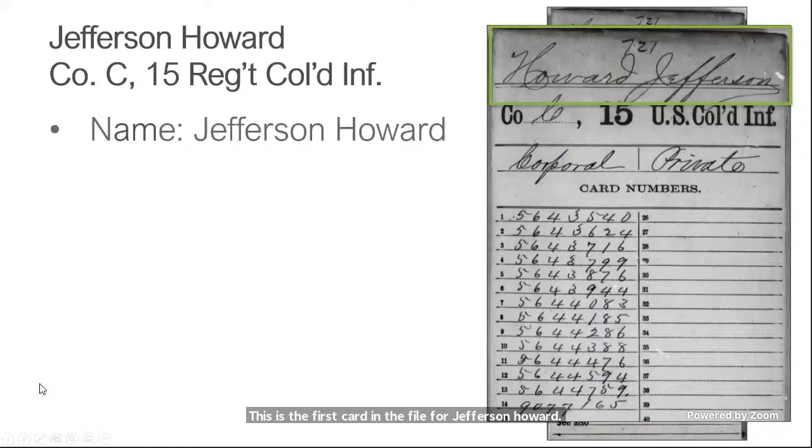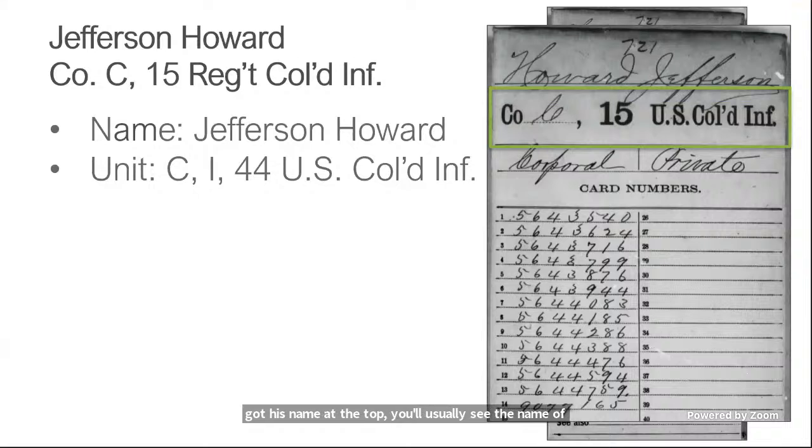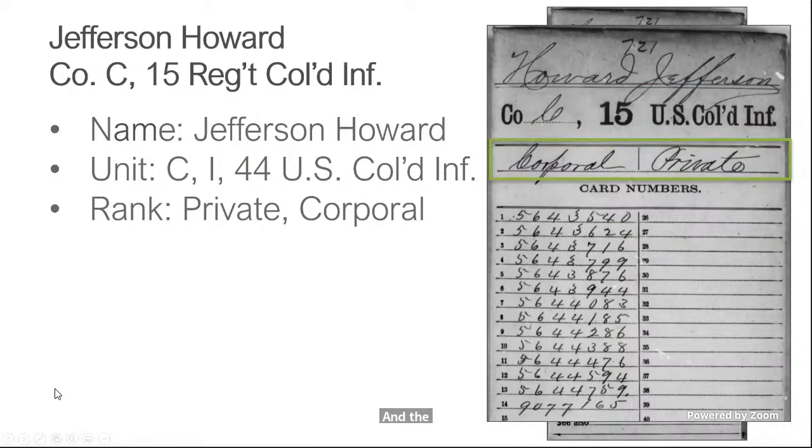So we've got his name at the top. You'll usually see the name of the soldier at the top, followed by the company and the unit that they served in, by the rank. Jefferson was a private and a corporal.